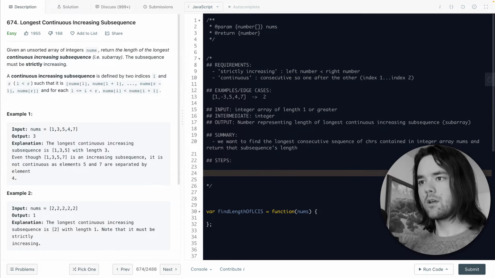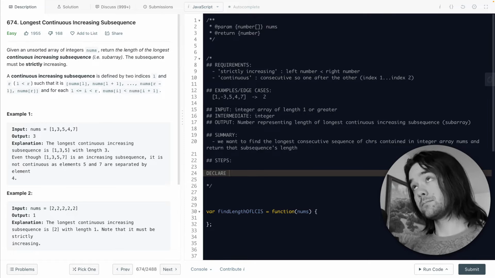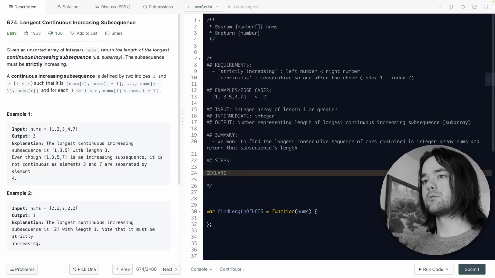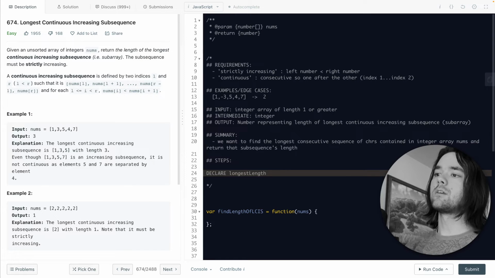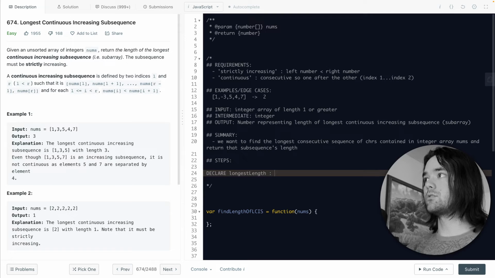So I think the first thing we want to do is to declare the variable longest length. Okay, and then we can initialize that variable to -1.